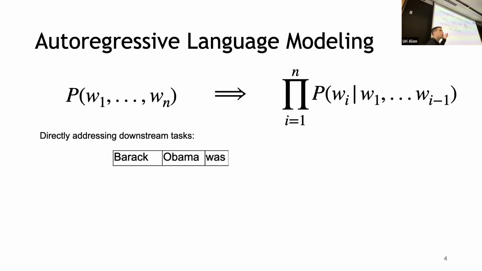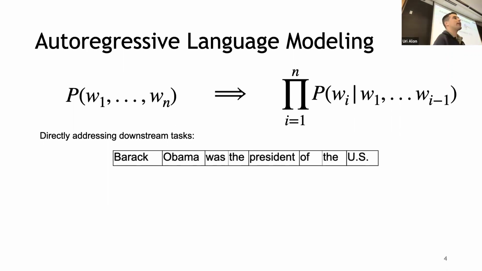So we can provide these language models with a prefix such as Barack Obama was. This is also called a prompt. And we can ask the model to generate the next word, and then the next word, and then the next word, until we can this way generate an entire sentence and get the answer for the question of, for example, who was Barack Obama.